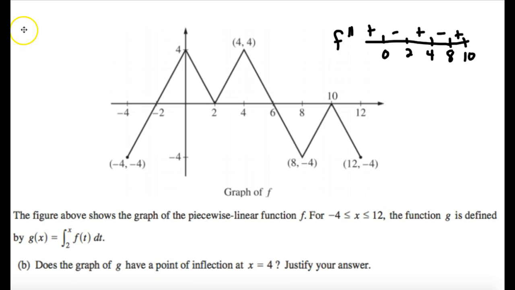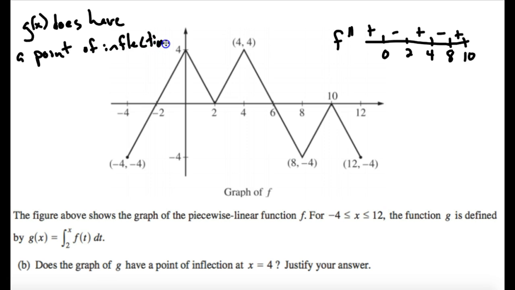So to write out our explanation, because again it says justify your answer, we can say g of x does have a point of inflection at x equals 4 because, I guess I actually labeled this wrong, didn't I?